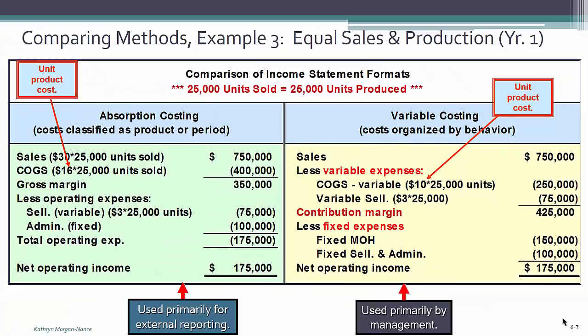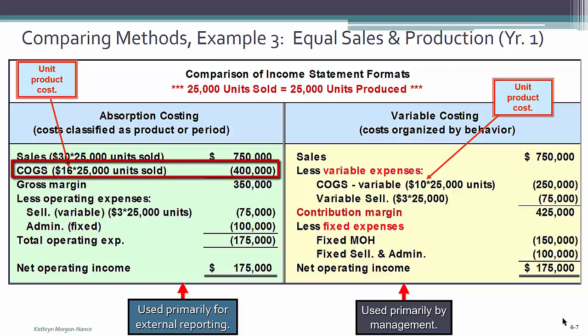I'd like to call your attention to a couple important points here. As you recall, cost of goods sold is used to report the cost of the product that we've sold. In the absorption costing statement on the left, cost of goods sold includes both variable and fixed manufacturing cost of $16 a unit.